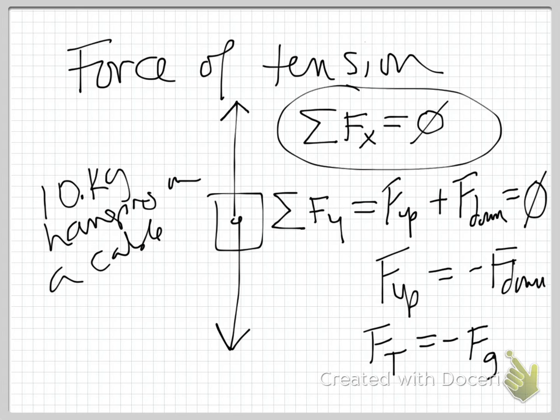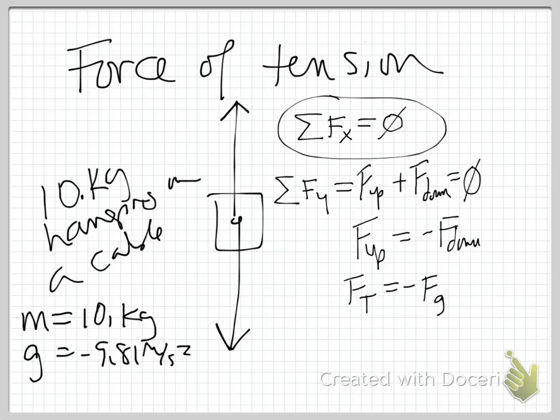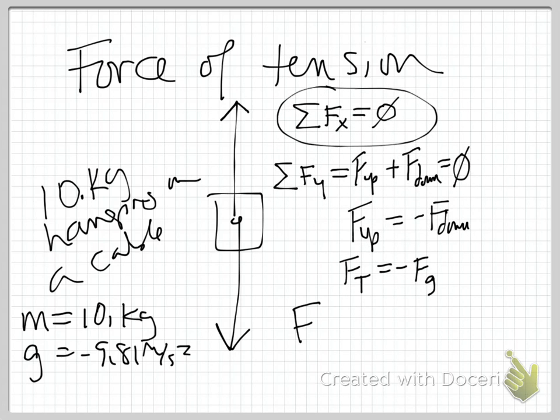Now, that alone doesn't give us the necessary tools to solve it, because what we need to list is its mass. We've got a 10 kilogram box. We know that g is negative 9.81 meters per second squared. Okay, so you know that the force of tension is equal to the negative of mass times gravity.